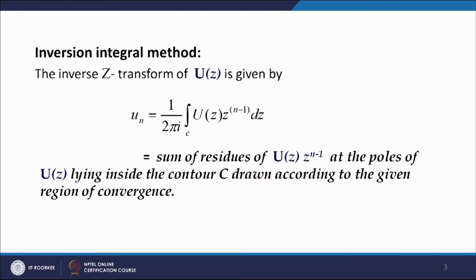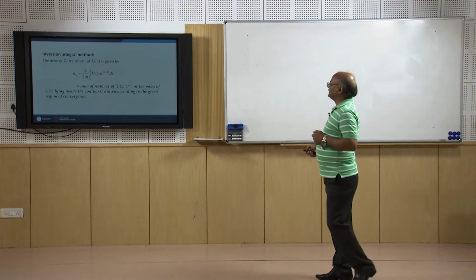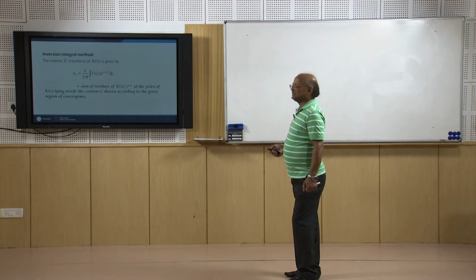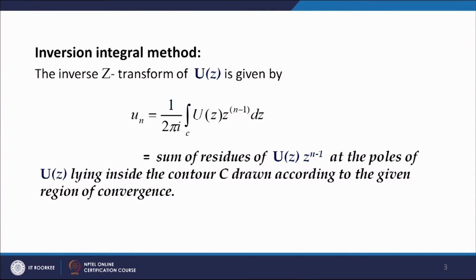To evaluate u(n), we calculate the sum of residues of the function U(z) into z to the power n minus 1 at the poles of U(z) which lie inside the contour c according to the given region of convergence. So, by the given region of convergence we decide how many poles of U(z) lie inside the contour c, and then calculate the residues at those poles and take their sum to get the sequence u(n).